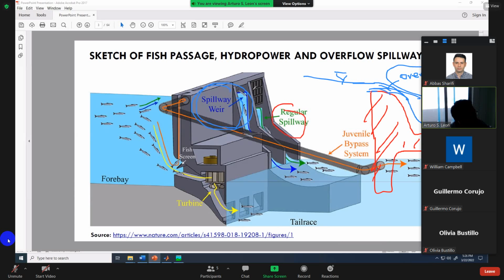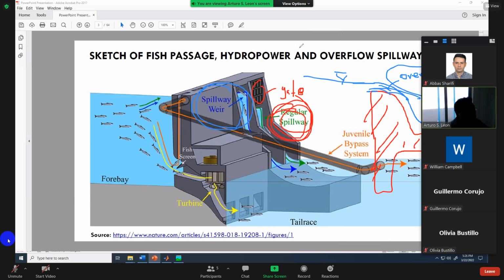In the regular spillway, we have a gate here. You have a gate, and then you can close it and you can open it. So you can control this flow. So guys, whenever we have a dam, we can control two flows. What are those flows that we can control?